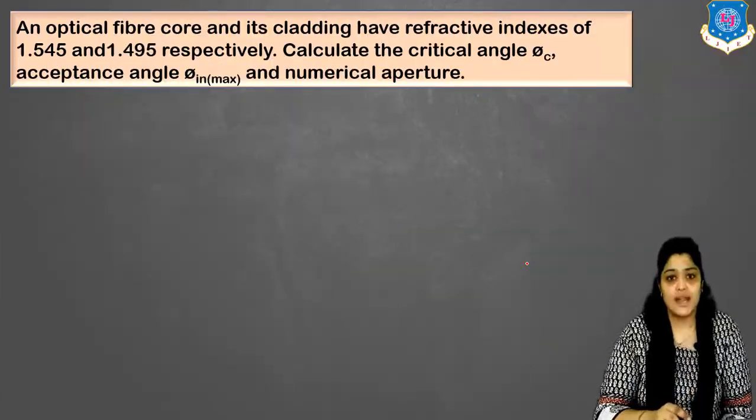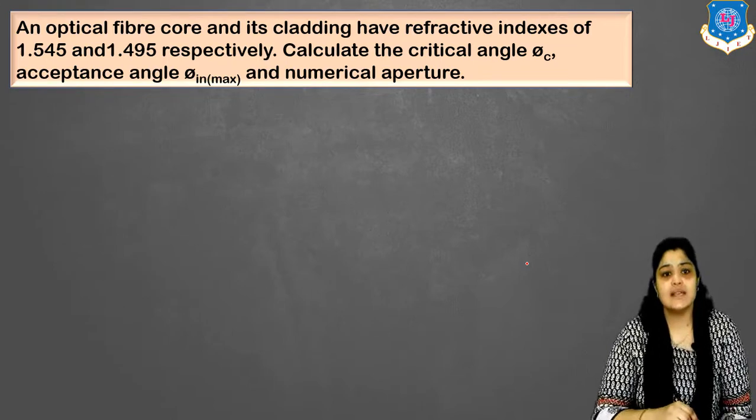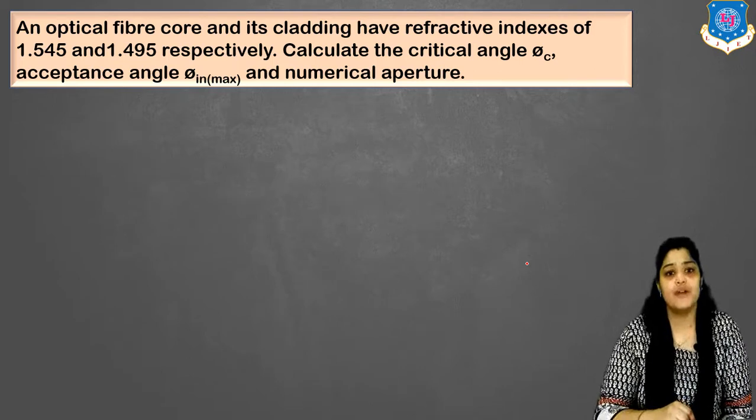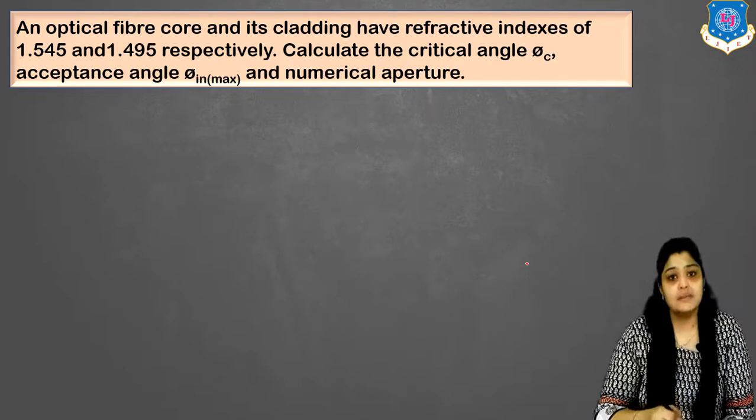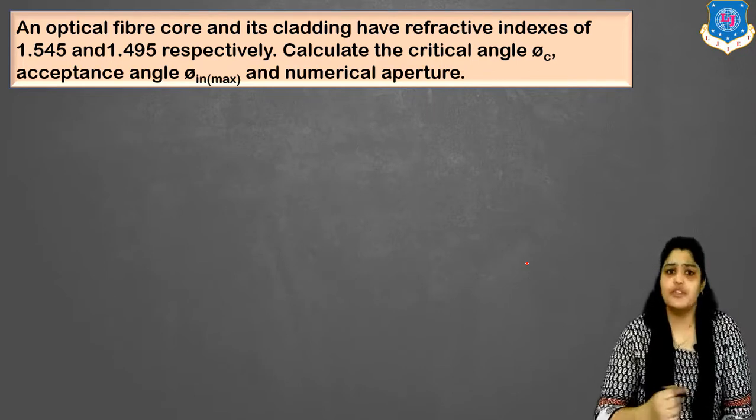Now we move on to the next one. The next numerical says that you have an optical fiber with refractive indices of core and cladding as 1.545 and 1.495 respectively. You have to find the critical angle, acceptance angle and numerical aperture.